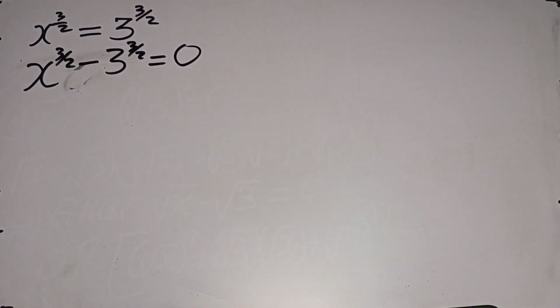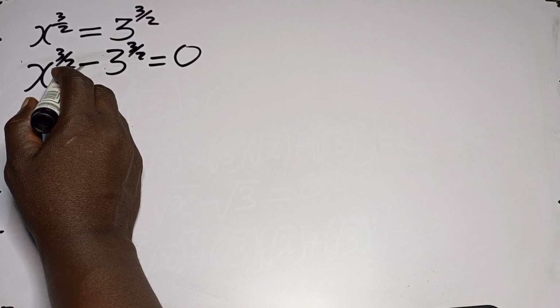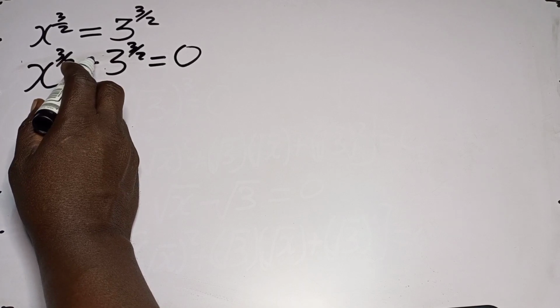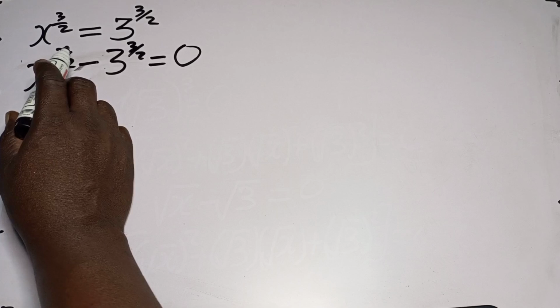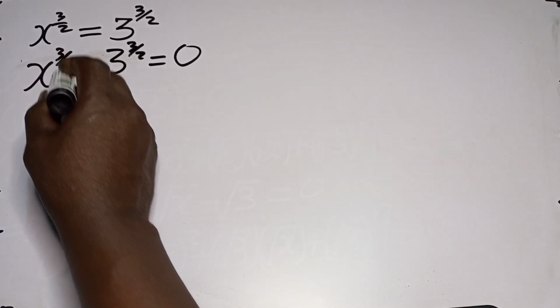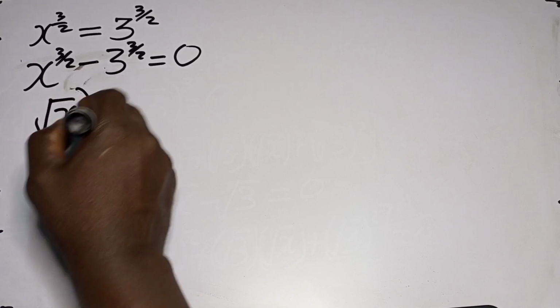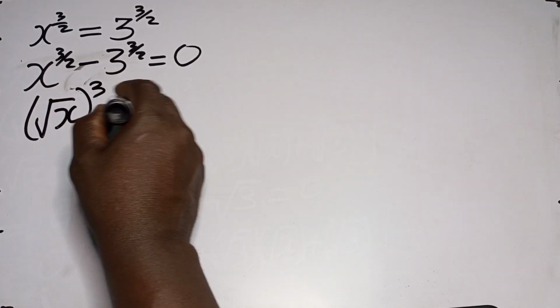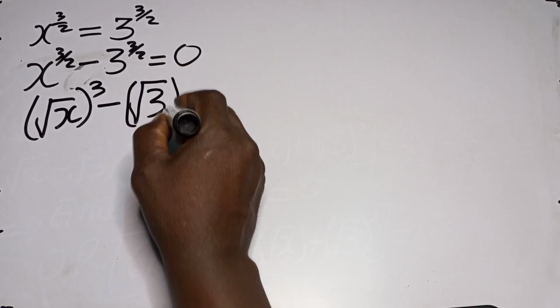We now have 0 at the right hand side. Okay, to make it clear, to know that it is cubic equation, the power should be 3. We know that power 3 all over 2 means square root raised to the power 3.